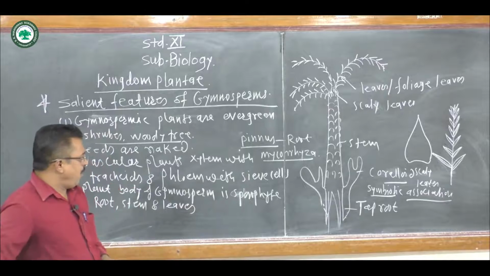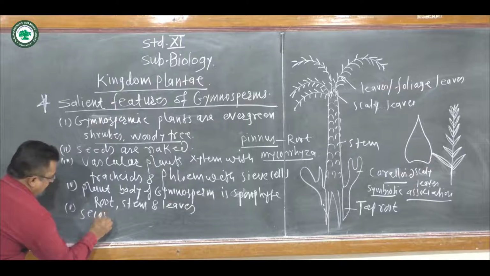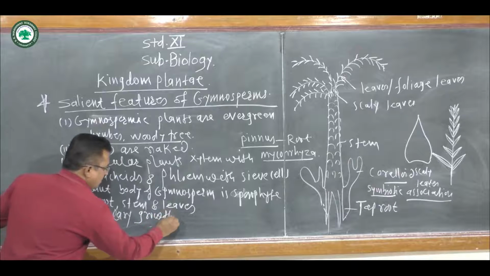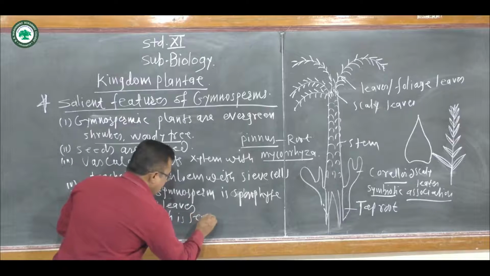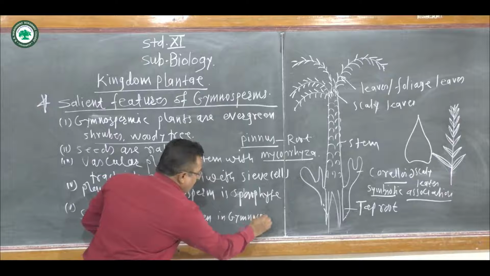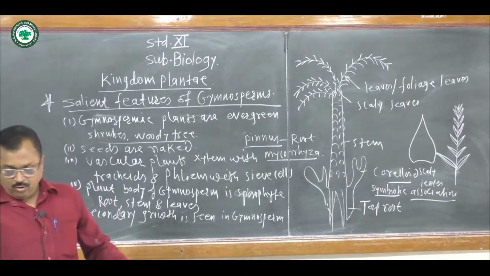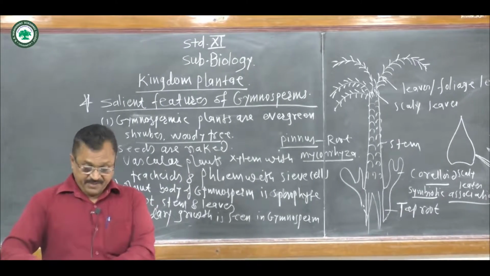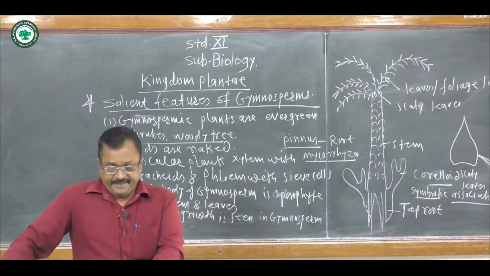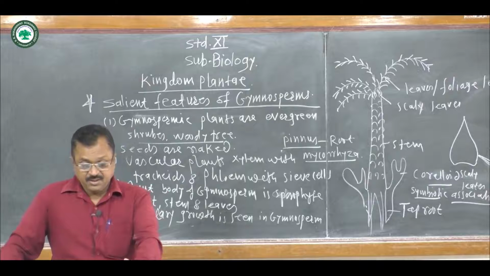Secondary growth is seen in gymnosperms, so the girth of the stem increases because the cambium is present. In Cycas it is usually unbranched, while in conifers it is branched.